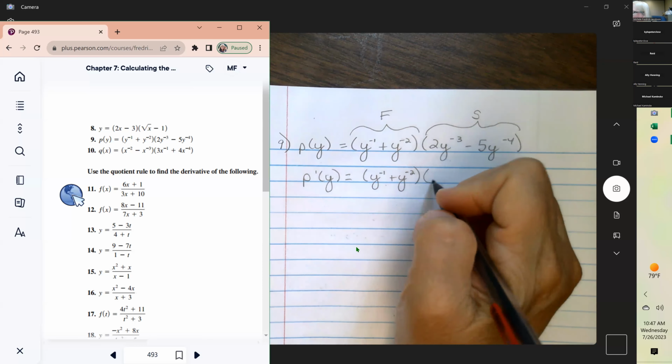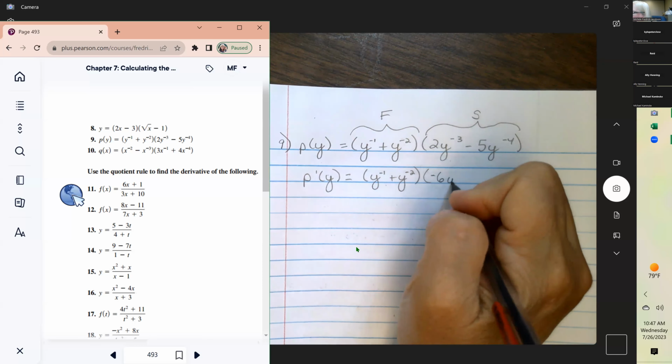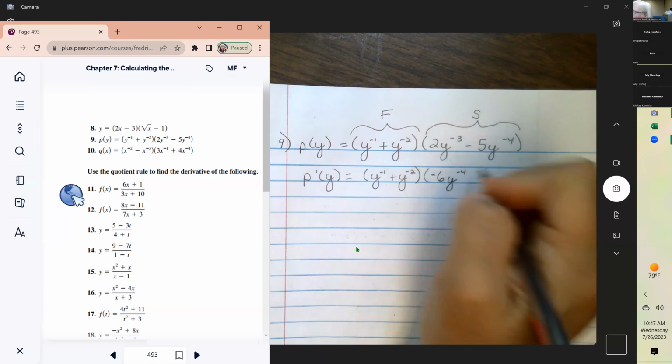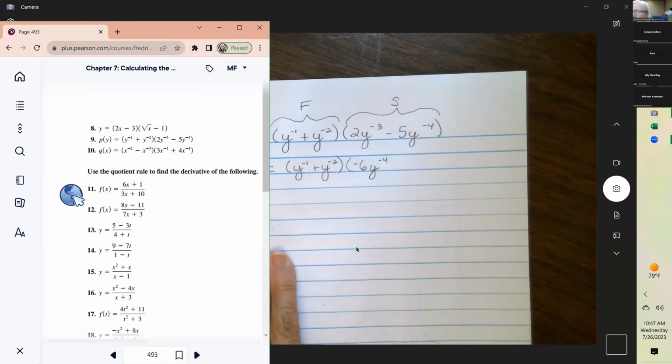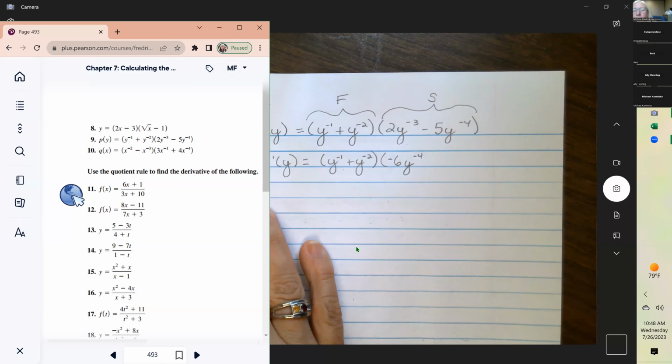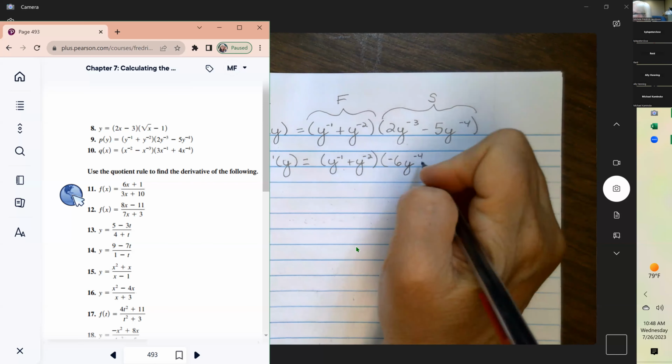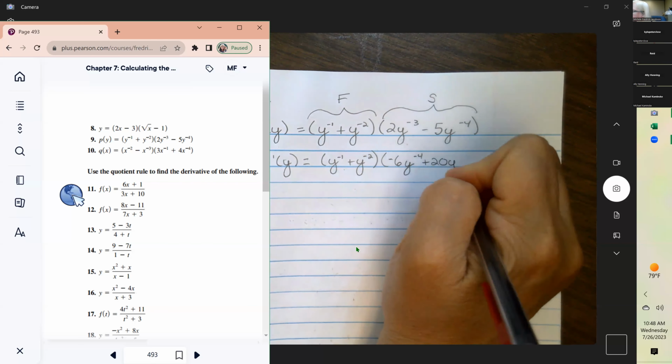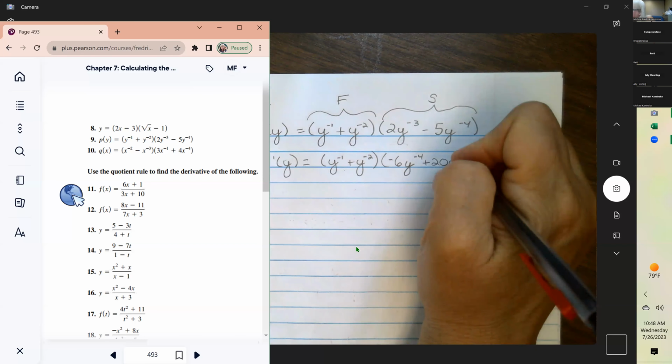Negative 6y to the negative 4 plus 20y to the negative 5.